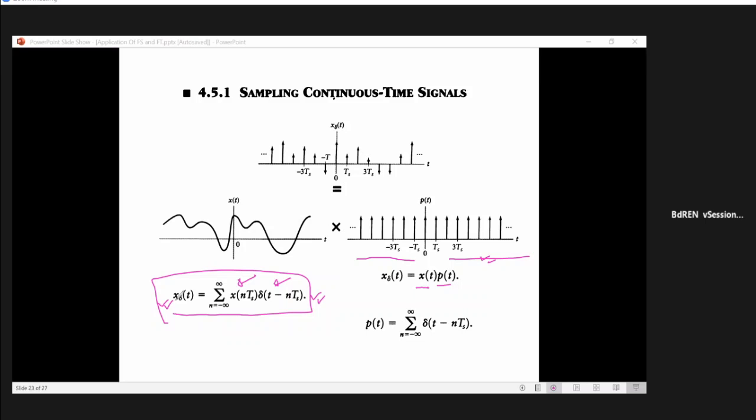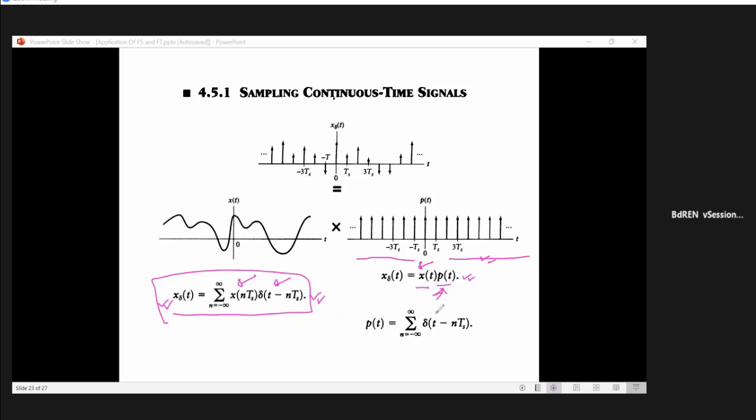Or you can use the multiplication property to express your signal in the frequency domain. In that case, you have to Fourier transform x(t) and Fourier transform p(t). p(t) is a periodic signal of impulses.